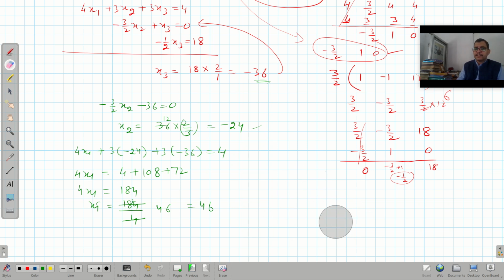And let us recheck the things. When I substitute this here in this equation, our equations are, let me do one thing.